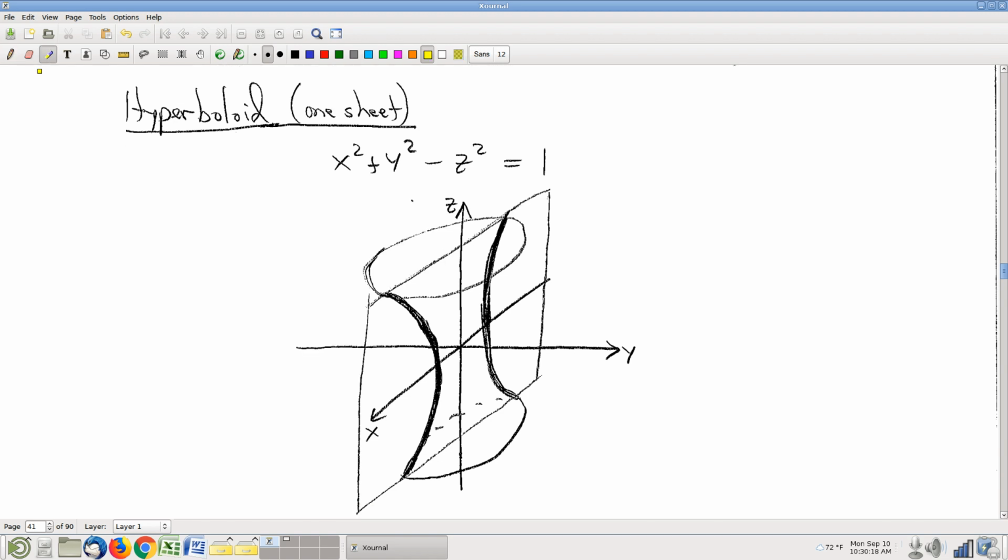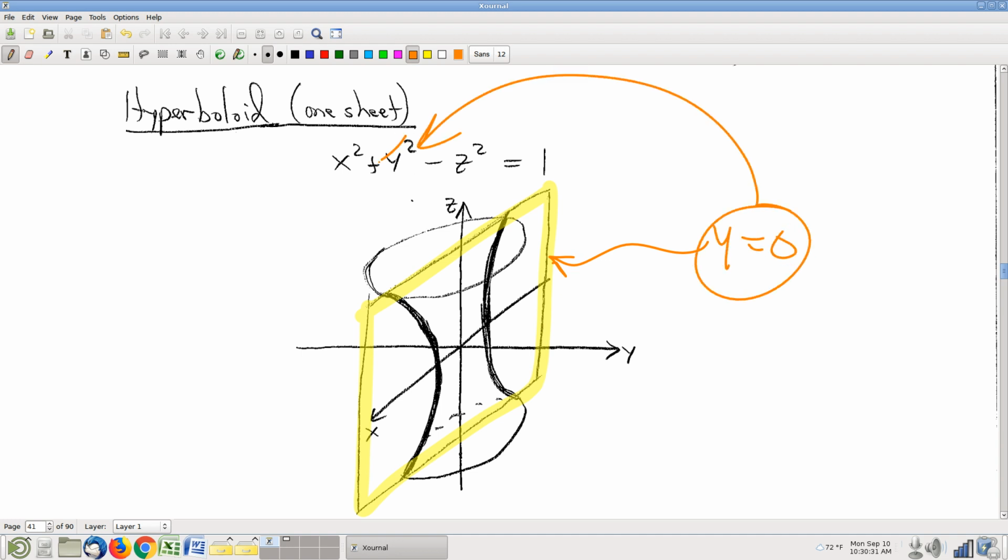I guess I'll pick that plane there. Let's think through what that plane is. That is where y is equal to 0. If y is equal to 0, then this term goes away. We have then remaining x squared minus z squared equals 1.